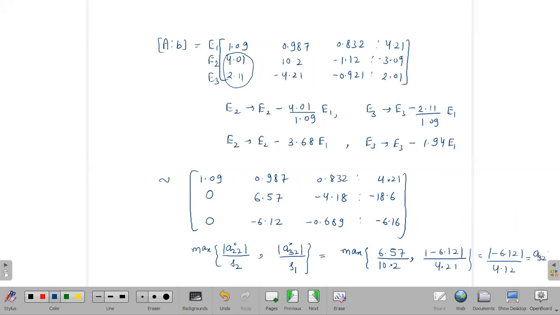It is A32 by S1. So you have to interchange the second row with the third row. Actually the third row was the first row, so that's why you use S1 in the interchange. See this 3 and 2.